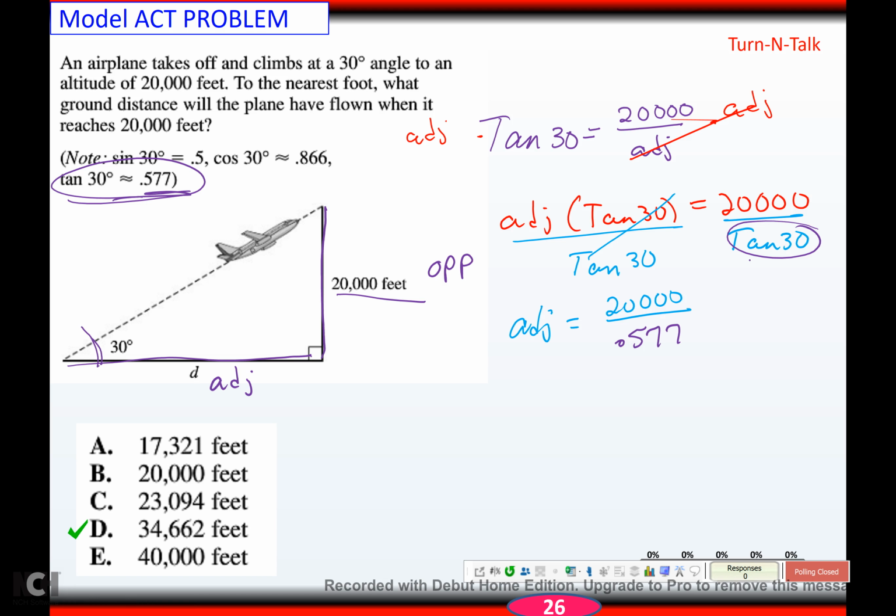So I replace this with 0.577, type it in a calculator, and I get 34662.045, blah blah blah. It's said to the nearest foot, so they want it at the nearest whole number. Well, 0 isn't going to do anything to it, so it's 34,662 feet.